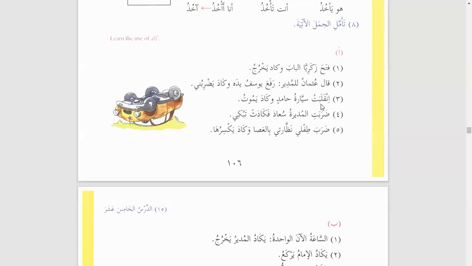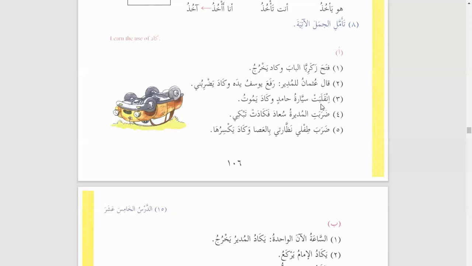Inqalabat. So basically it's inqalaba, turnover. Inqalaba yanqalibu inqilaban. So we know the inqilab that happens today. Inqalaba, he turned over, and inqalabat, she turned over, right? She capsized. So what is it?